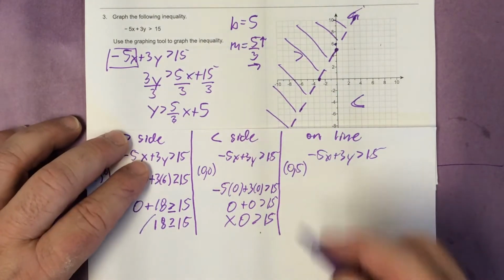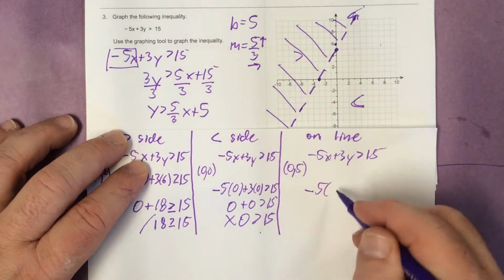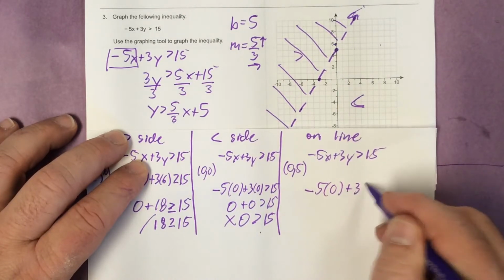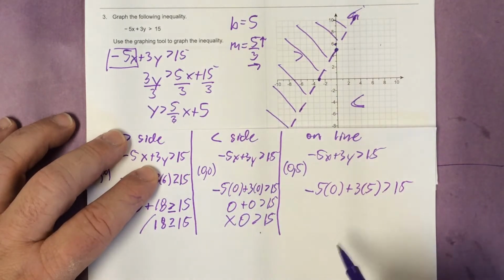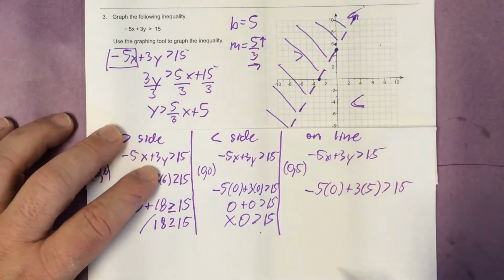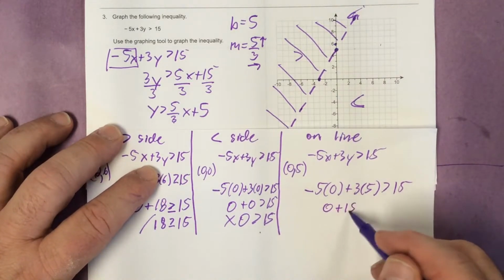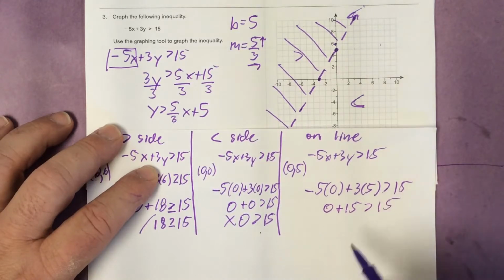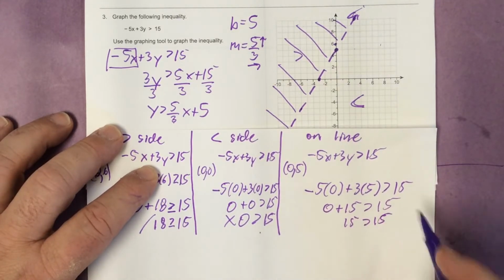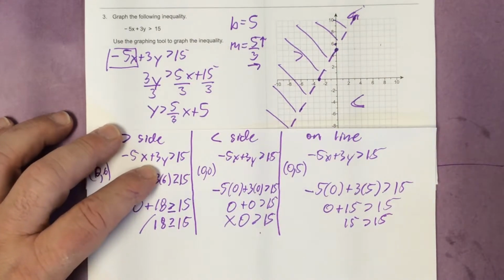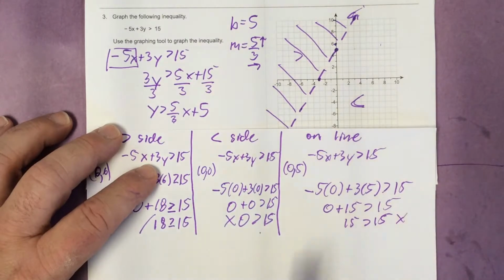But let's see what happens in this case. So we're going to have negative 5 times 0 plus 3 times 5 should be greater than 15. So here we're going to have 0 plus 15 is greater than 15. Is 15 greater than 15? No. It's equal, but it's not greater than. So this doesn't work here.